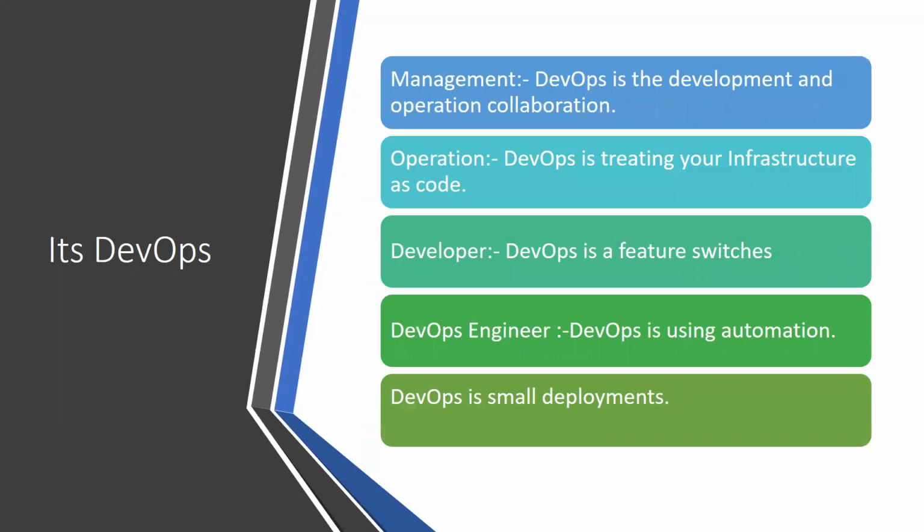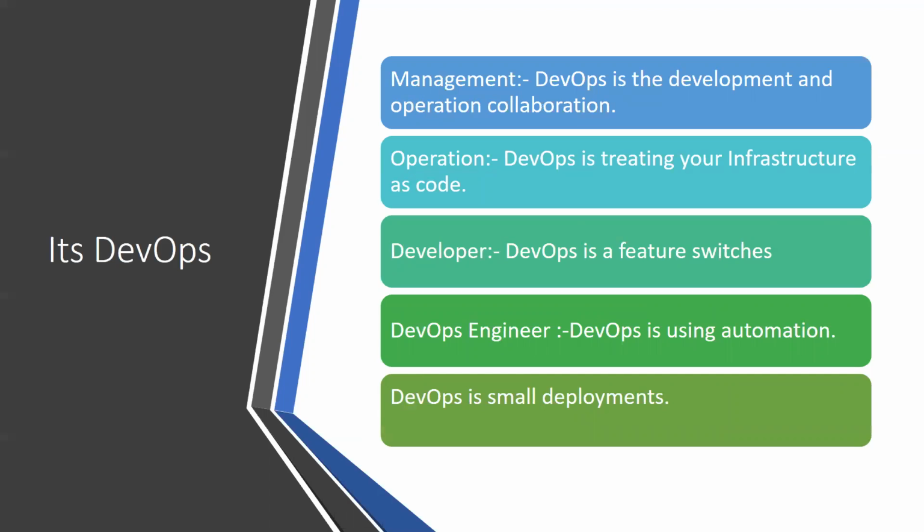When we say DevOps, what is DevOps for the different teams in IT? For example, from a management point of view, DevOps is development and operation collaboration. From an operation point of view, it is treating your infrastructure as code, where we are developing infrastructure with some code, in the sense that we are writing configuration management code.